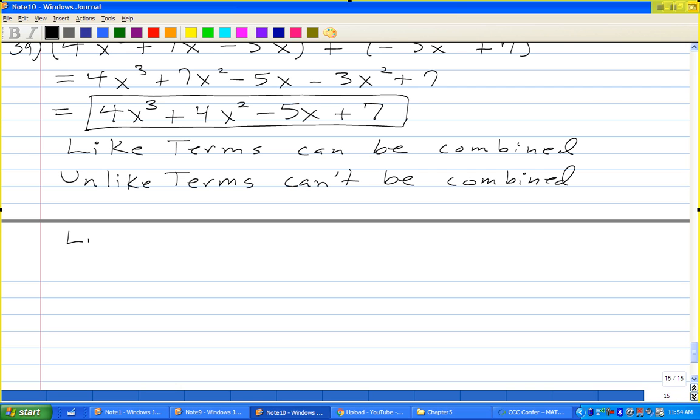Two terms are said to be like terms if their variable parts are identical.